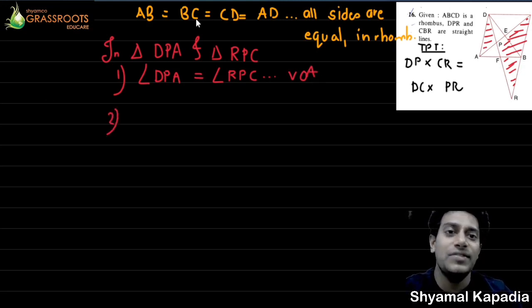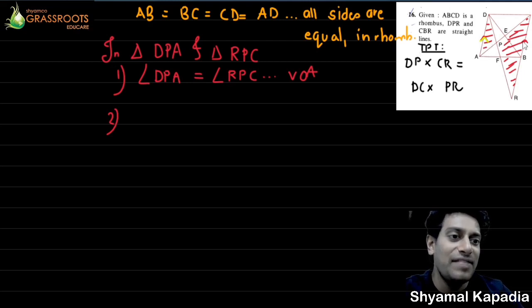The second is the Z formation, because it's a rhombus. Now all of you should know that in a rhombus all sides are equal and even the opposite sides are parallel. So it becomes a which formation, my friends? It becomes a Z formation.